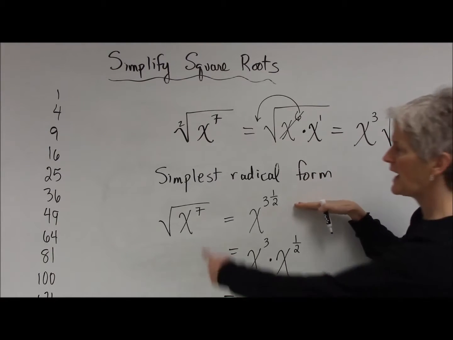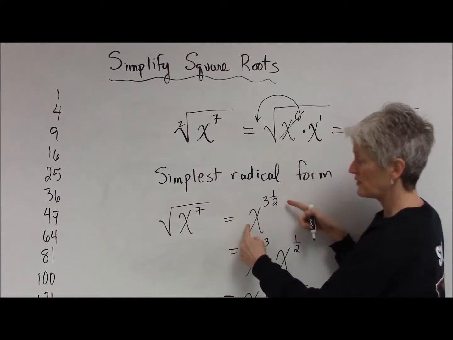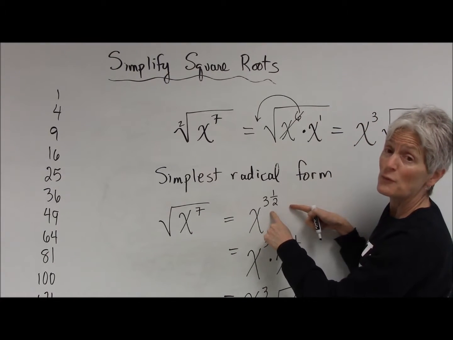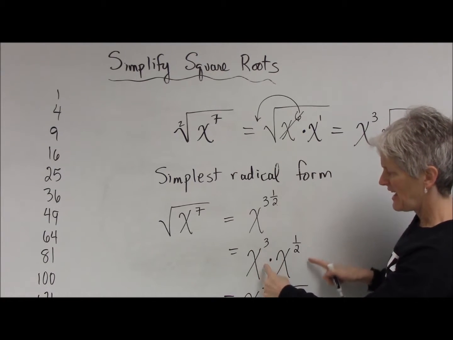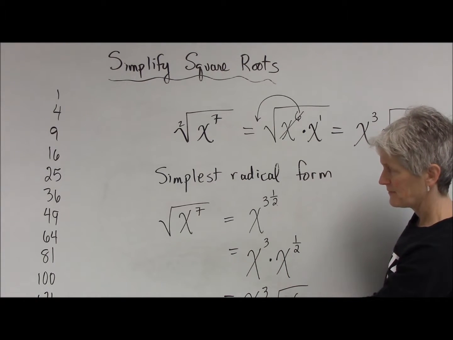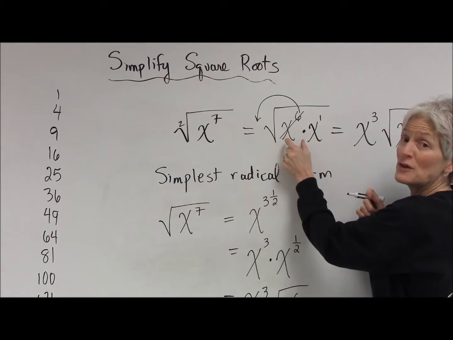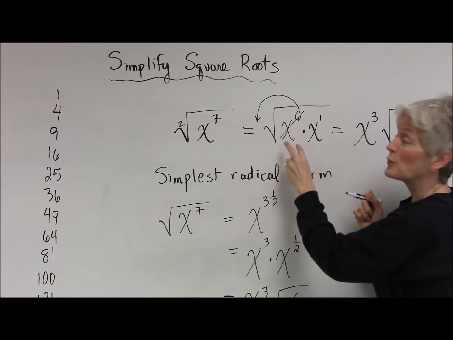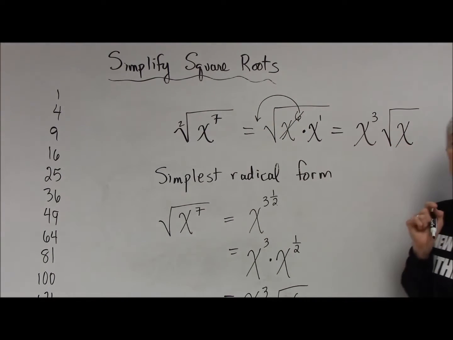So our first way was rewriting the radical or the square root with a rational exponent, a fractional exponent, and then separating them. This other method is to rewrite your x to the 7th in its factors, where one factor is a perfect square, and then you take out the perfect square and leave behind the leftovers.